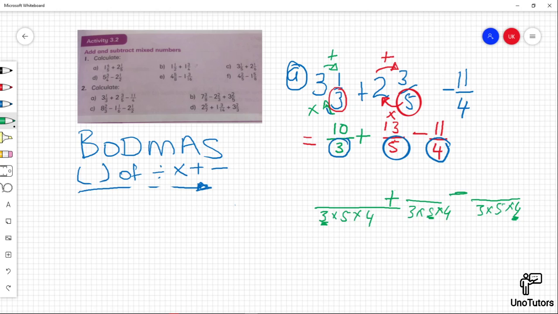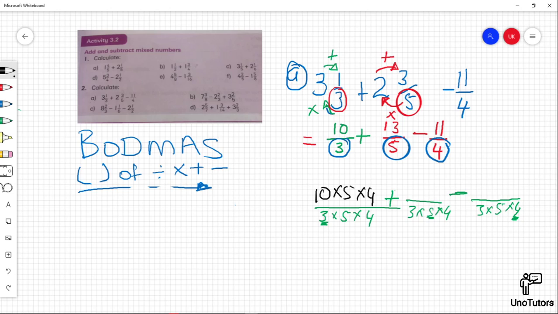We have a plus sign here and a minus sign here, and what we do on top is multiply by the numbers that were not on the bottom. So here we take the 10 times the 5 times the 4, because the 3 was already there.